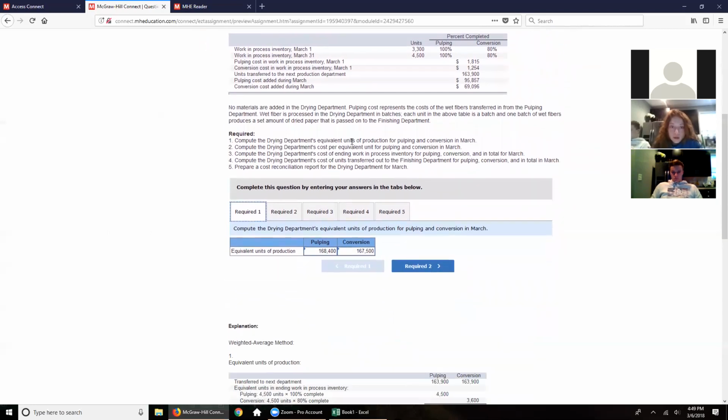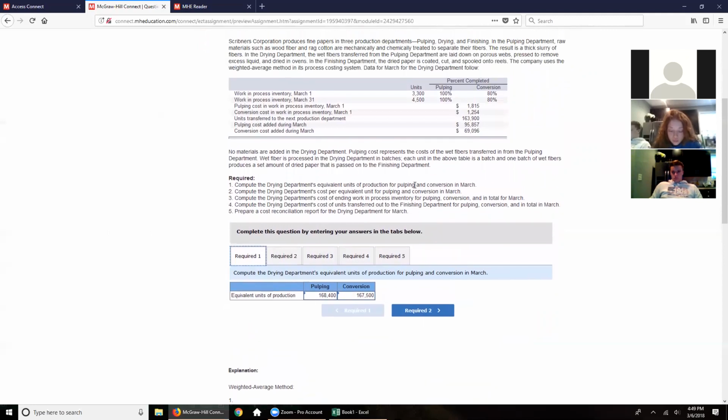And so calculating equivalent units of production, we generally do that with respect to a couple different processes within our overall production process. In this case, it was this pulping process where we had a bunch of materials dumped in, and then conversion. So we often have these completion rates at the end of any period: if a unit's sitting in work in process in this part of the process, it's this amount done.